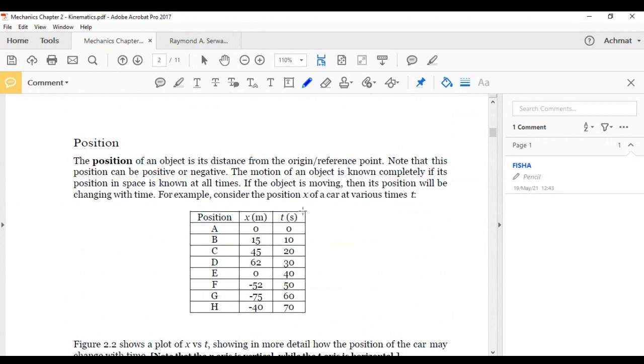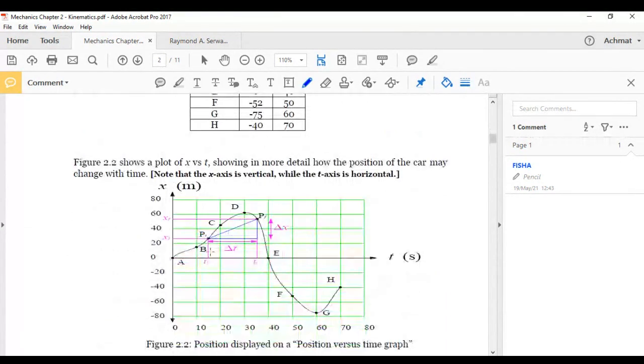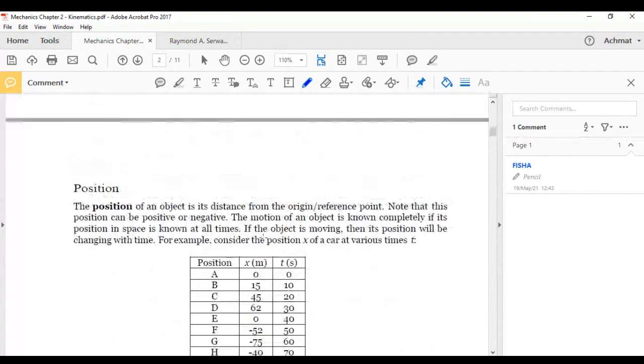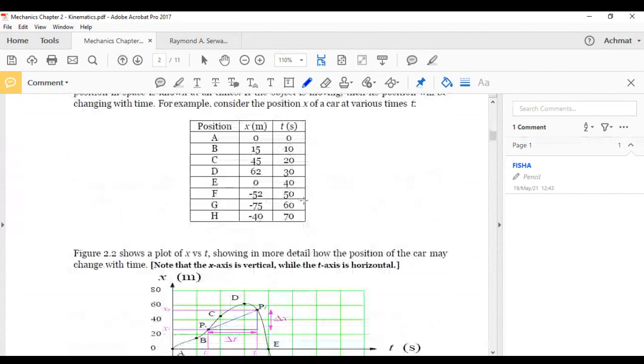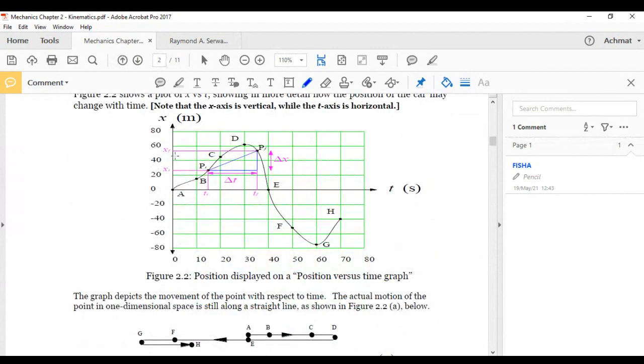So we'll have time on the horizontal axis and position on the vertical axis. So remember in what we said here, look at this drawing here, my x was a horizontal line, but in the graph, my x is actually the vertical line. So the position is actually going this way now. And this one over here is just to show what happens to the position as time passes.